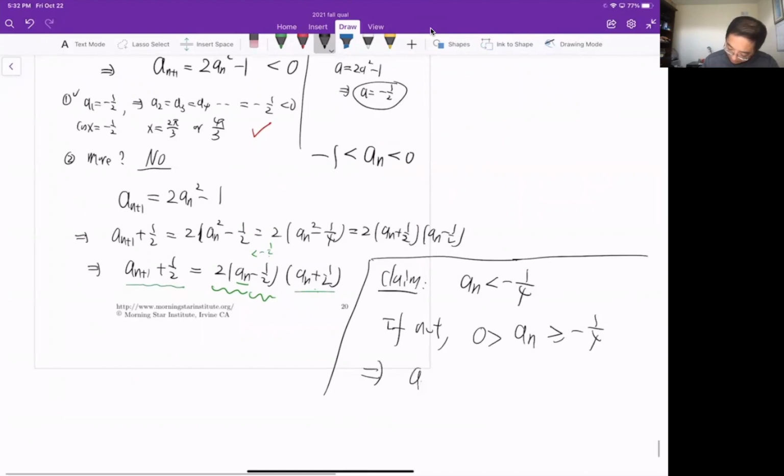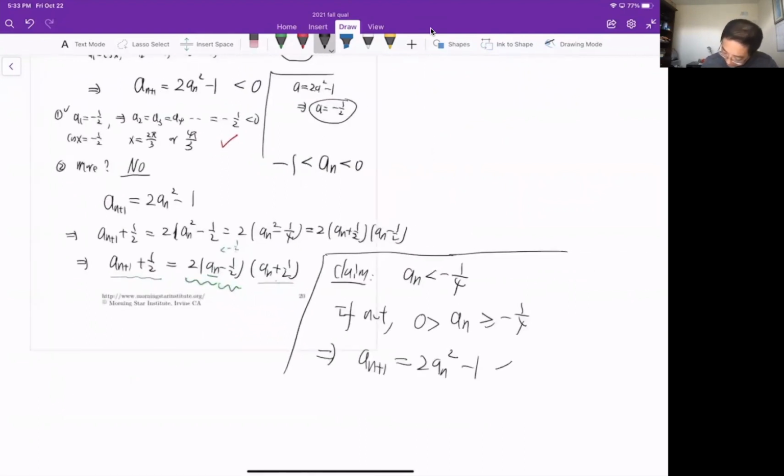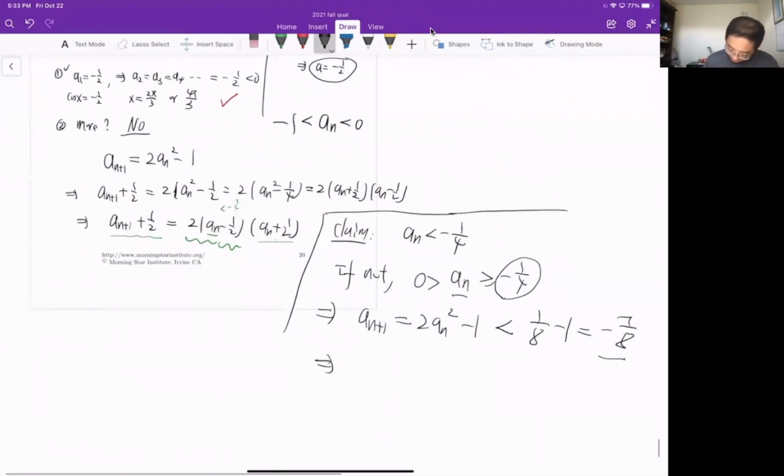Then let's look at the next term. a_{n+1} will be twice of a_n squared minus 1. This will be less than, at the most, 1/8 minus 1, which is negative 7 over 8. So the point is, if one term is no less than negative 1/4, the next term will be less than negative 7 over 8.